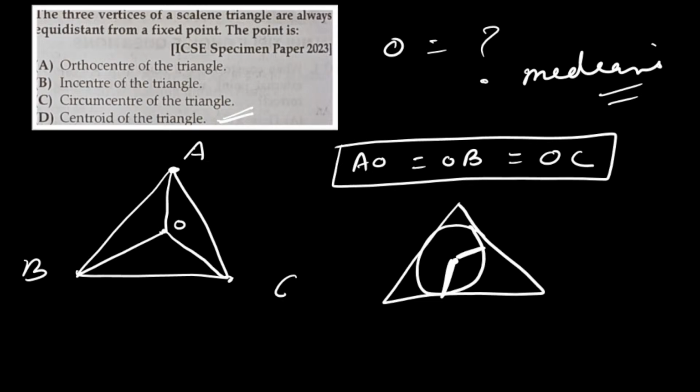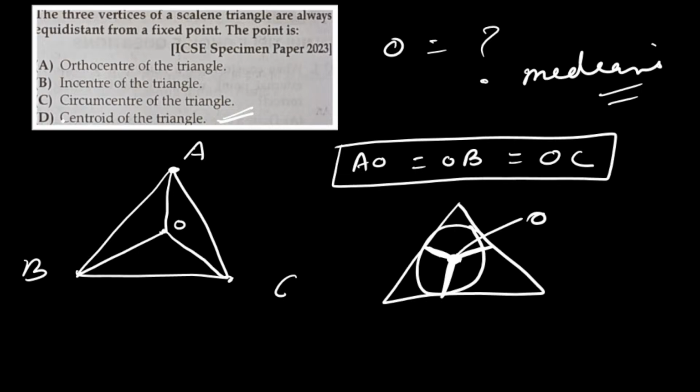We don't have anything to do with the vertices, because we are drawing angle bisectors. So this point will be point O. We don't know the distance of this point from the vertex.